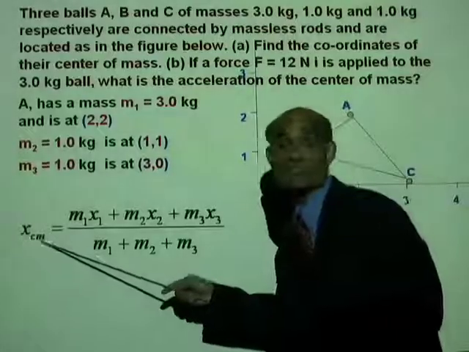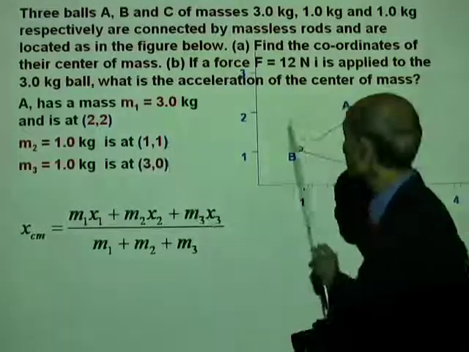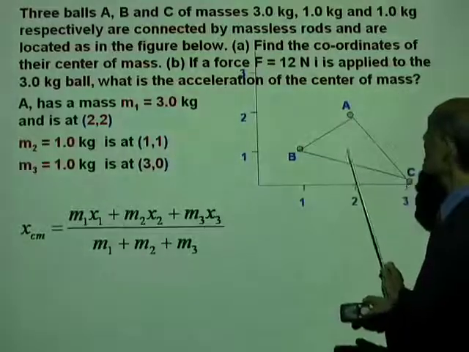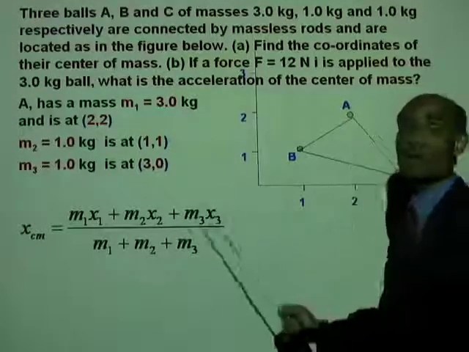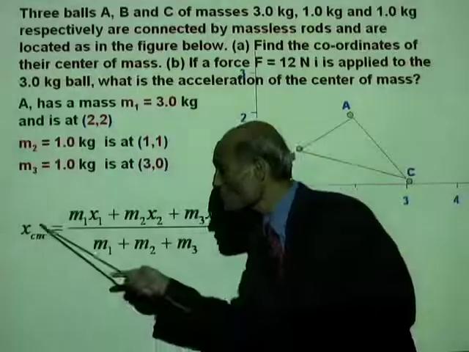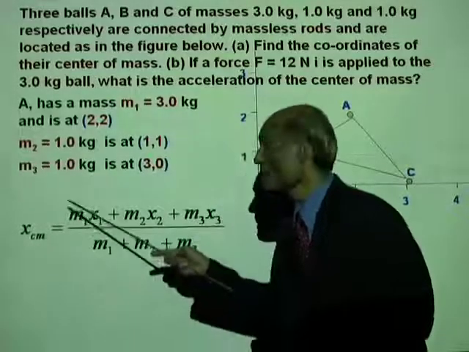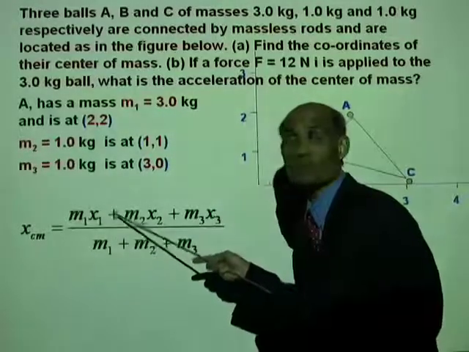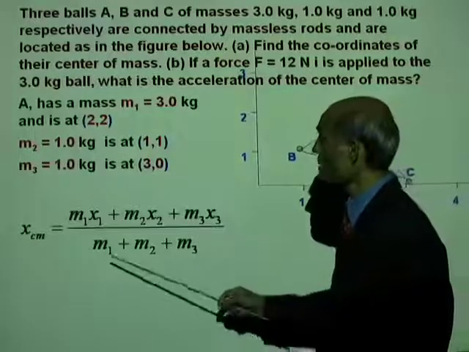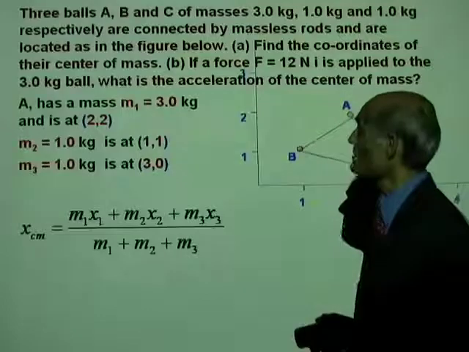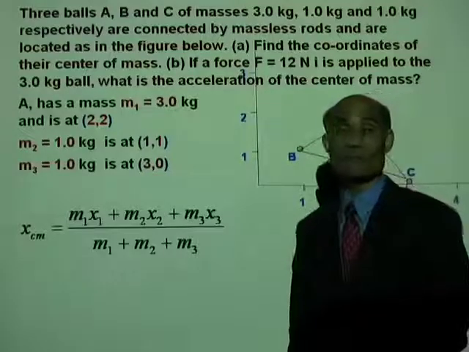The center of mass of these will be somewhere here. It has an x position and a y position. The x position of the center of mass is m1 x1 plus m2 x2 plus m3 x3 over m1 plus m2 plus m3.